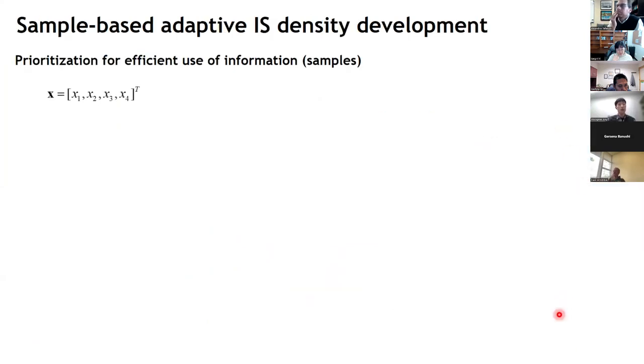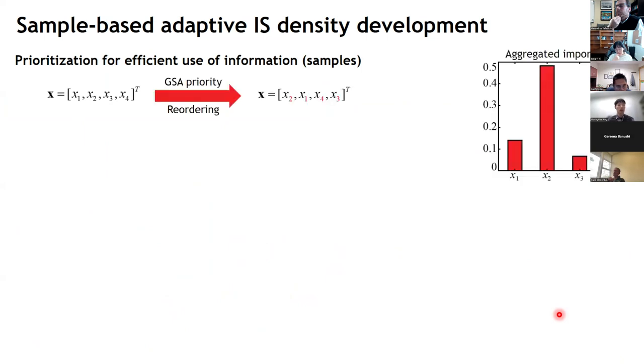Since we have limited information, to use the information efficiently, we can prioritize some storm features when developing the importance sampling density. And we can use the aggregate importance indices from some slides ago for this prioritization.